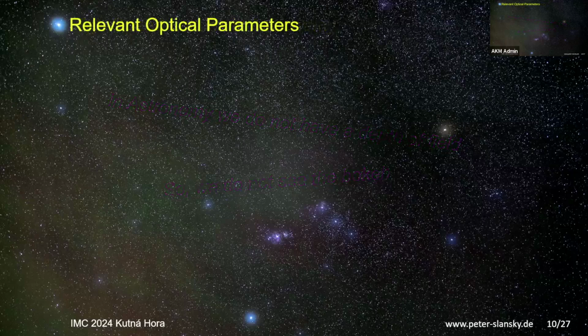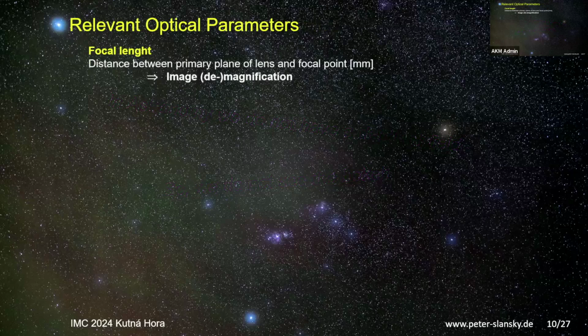Okay. Briefly, relevant optical parameters: the focal length. That's the distance between the primary plane of the lens and the focal point, and that gives you the demagnification of the image. We strongly demagnify our objects. We put the whole universe on this little chip. This beamer, for example, does the opposite.